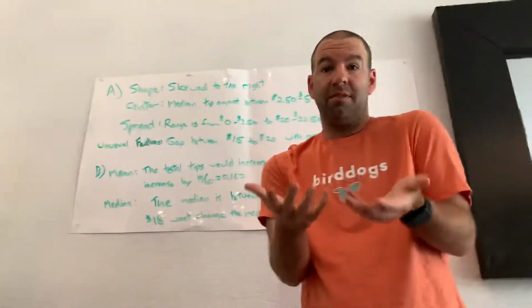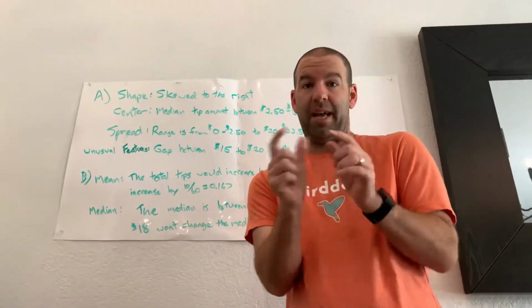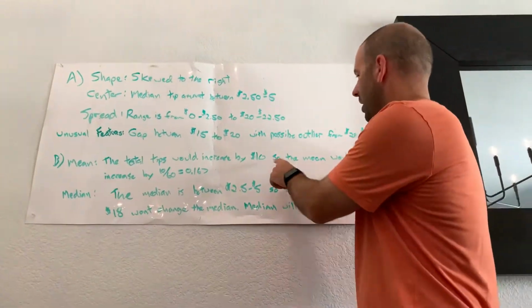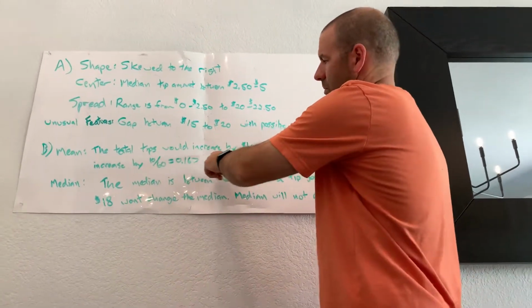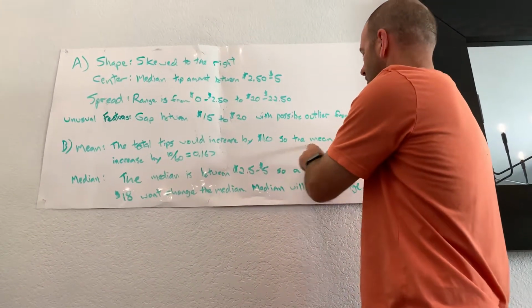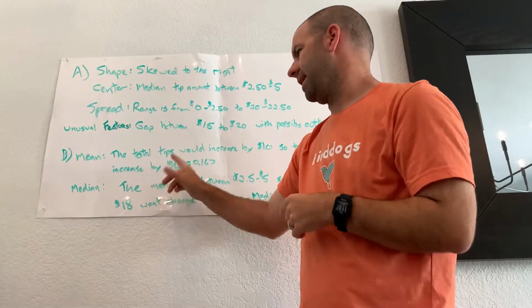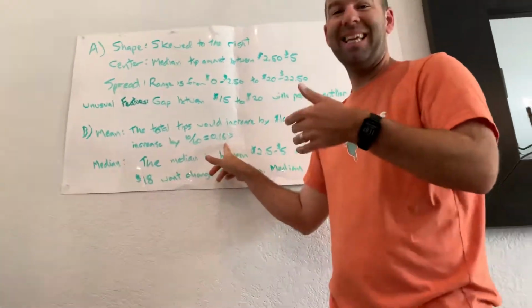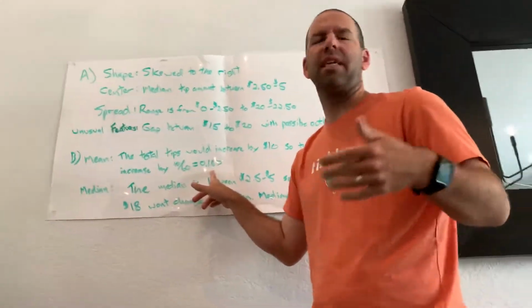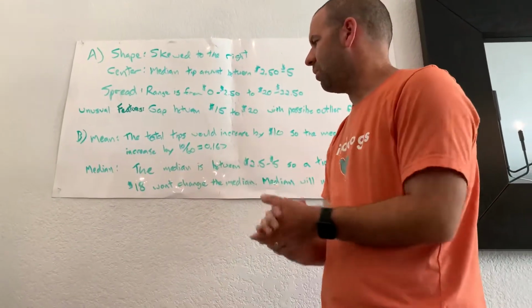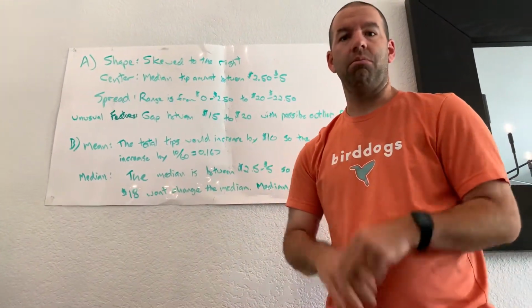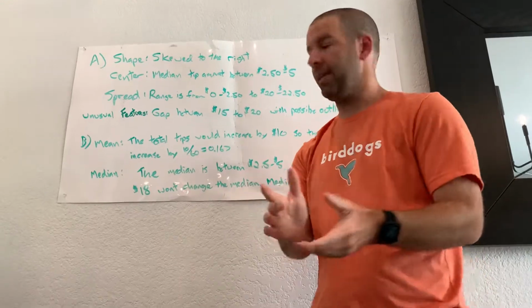We would still divide by 60, except the total amount just increased by 10. So the mean would increase by 10 over 60. That's not what the mean is, that's how much the mean would increase, and 1 over 6 is about 17 cents. So I answered that one and justified it.